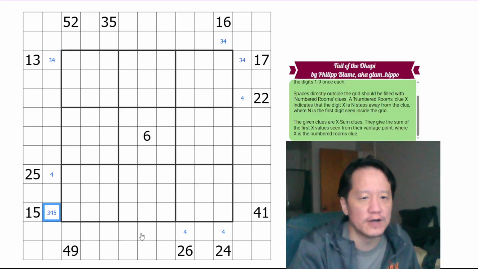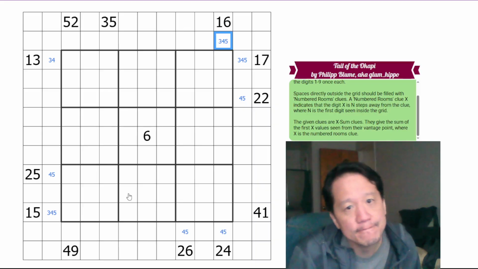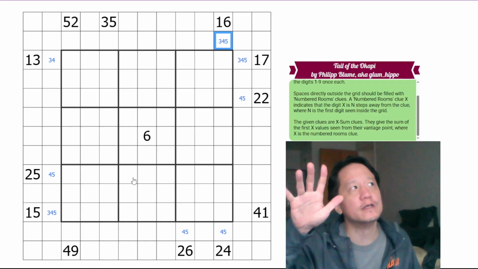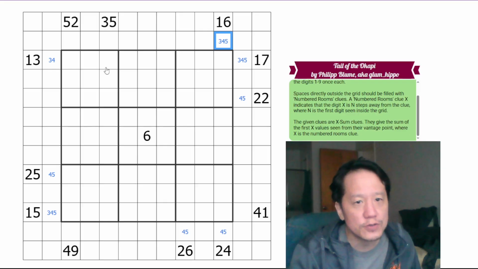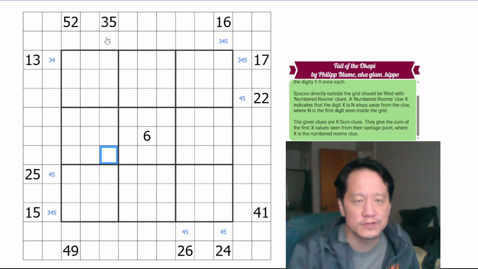This could be 5. So anything above 15 could also have 5. But for 5, the maximum amount is 35: 5, 6, 7, 8, 9. So this could also be 5 here, but it cannot be 5 in the rest.